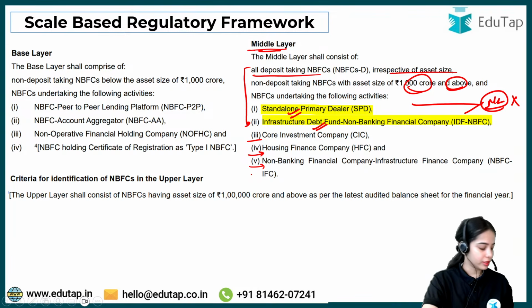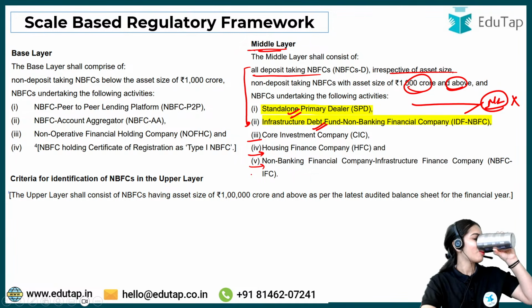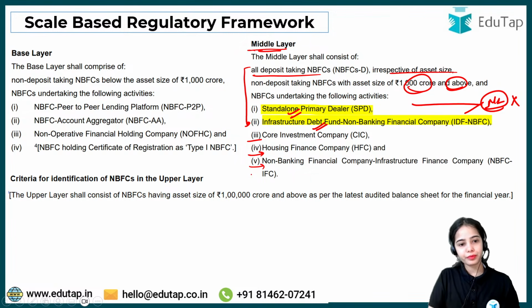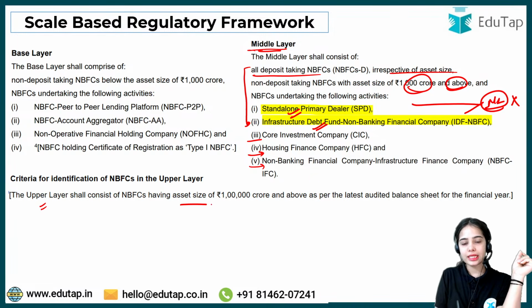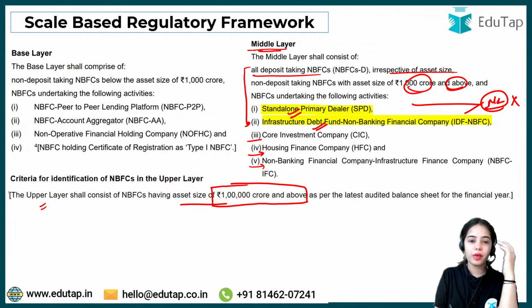Now coming to the upper layer. So the upper layer shall consist of NBFCs having asset size of 1 lakh crore and above. See, before, for the upper layer NBFCs, there was a different system.